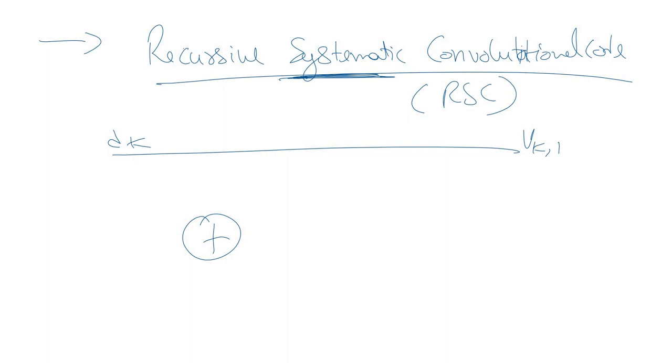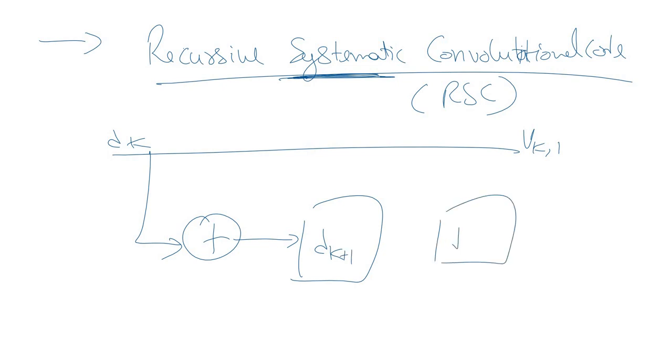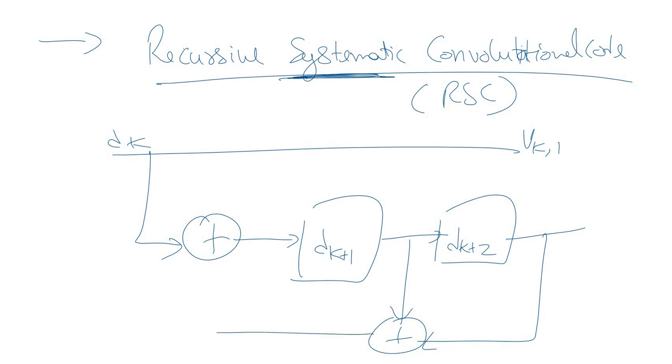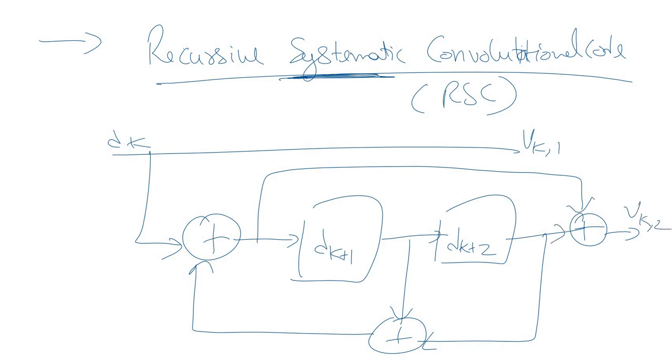The initial bits of the code are nothing but the data message. Such an encoder, when we have feedback branches and one of the outputs is the data itself, is a recursive systematic convolutional code.